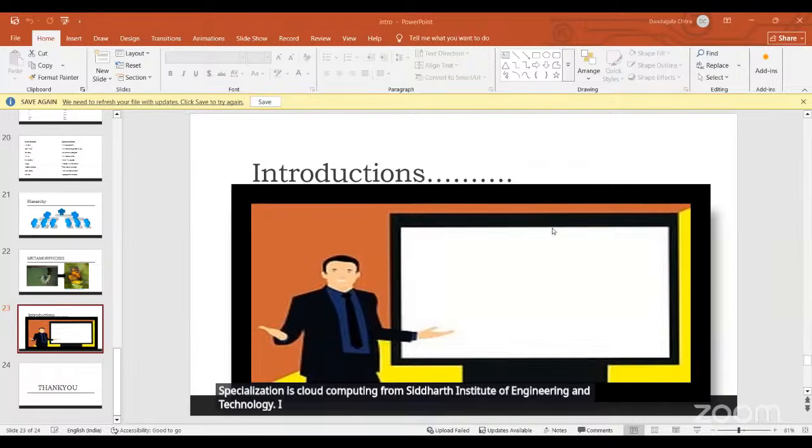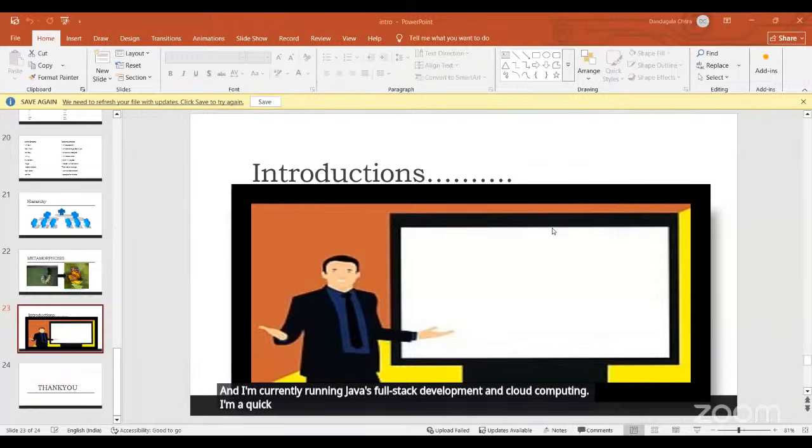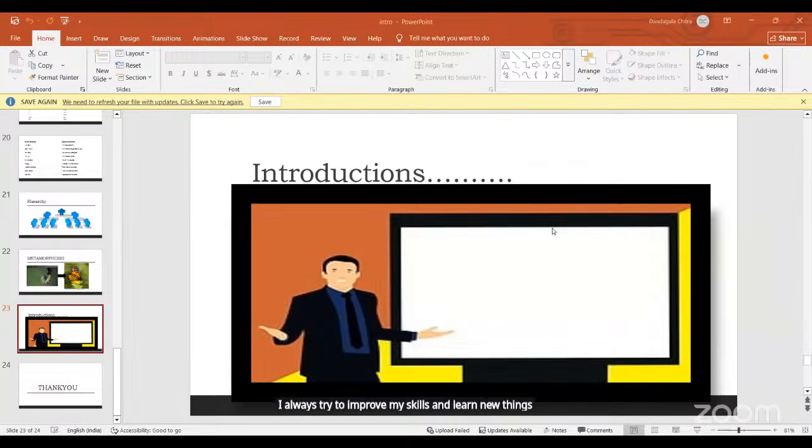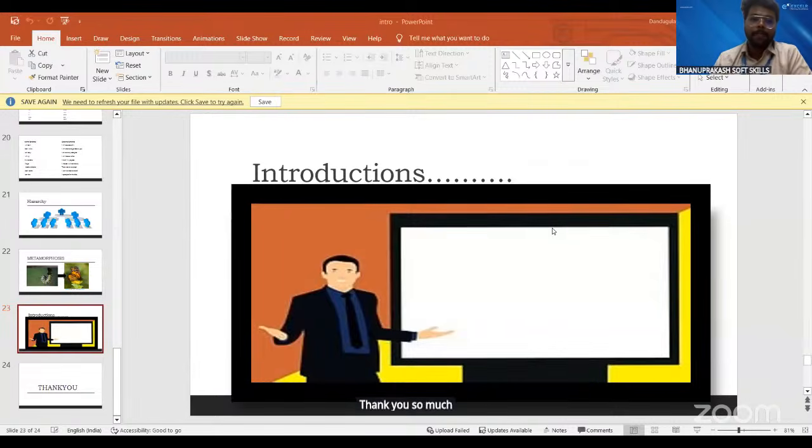I have a strong interest in programming and technology, and I'm currently learning Java, full stack development, and cloud computing. I'm a quick learner, a good communicator, and I like to work in a team. I always try to improve my skills and learn new things. Apart from studies, I enjoy reading novels, singing, and dance. My goal is to build a successful career in the IT field and also contribute to society as a social servant. Thank you, sir. Thank you so much, Varshita.